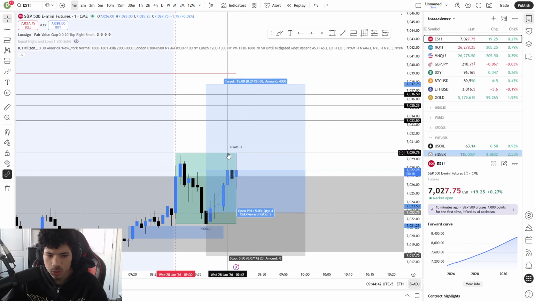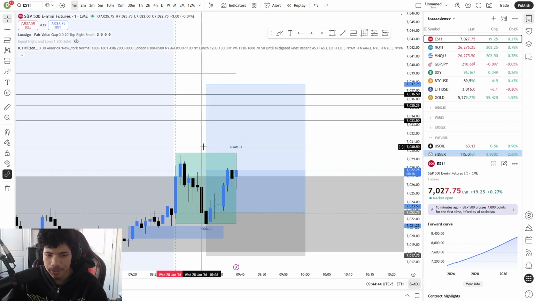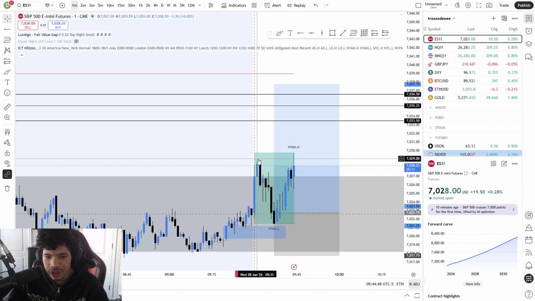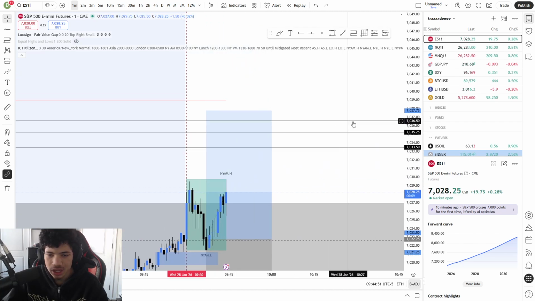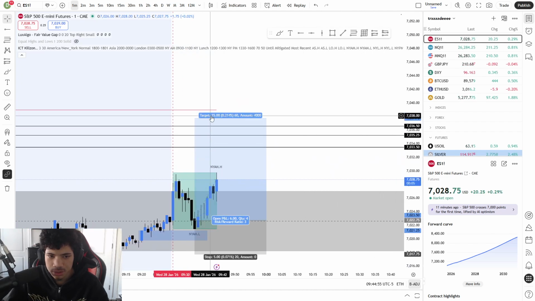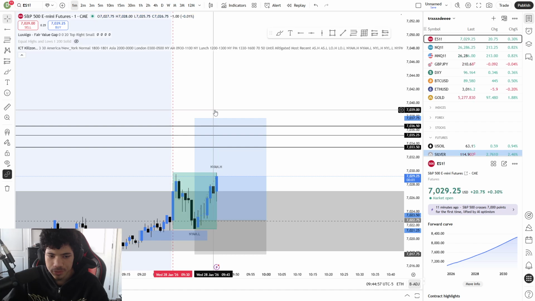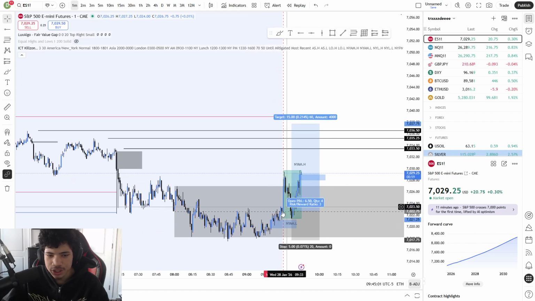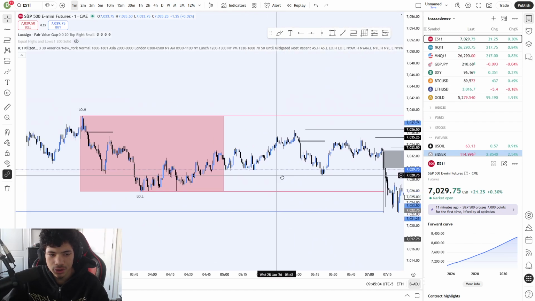Okay, so we wicked past this high here. This was such an early high, 9:31. Like, that's not even significant. So I'm just going to wait. I do suspect at some point in the day that price is going to try and take out this London high here.